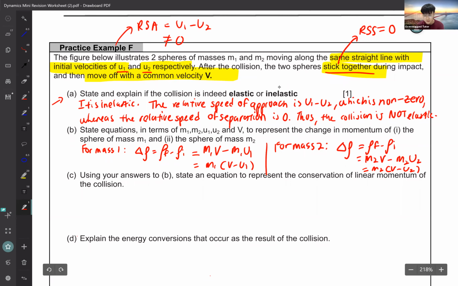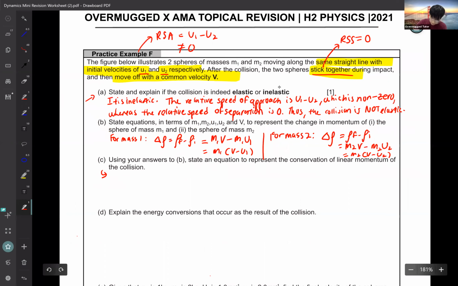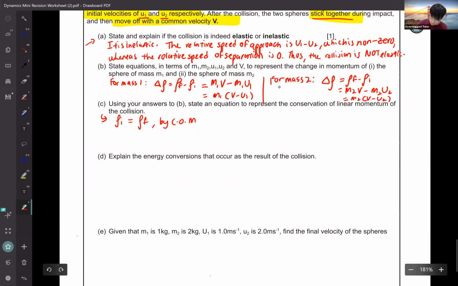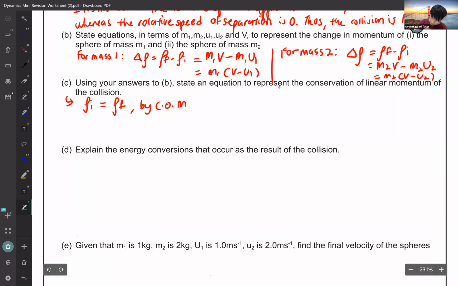Part C. Using answers to B, state an equation to represent the conservation of linear momentum of the collision. Okay, so here, initial momentum equals final momentum by conservation of momentum. So this means that the change in momentum is 0.